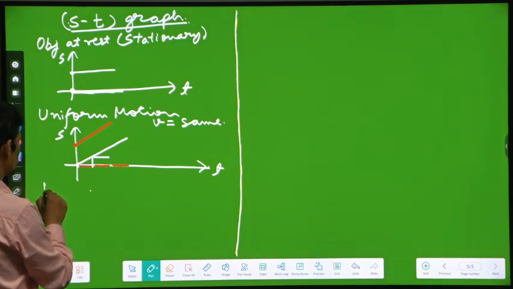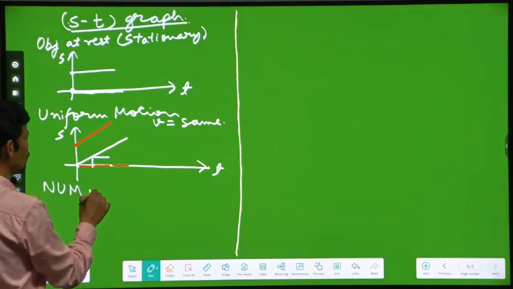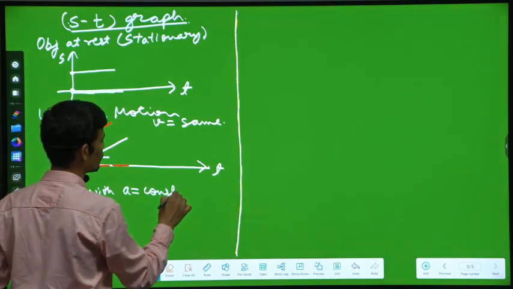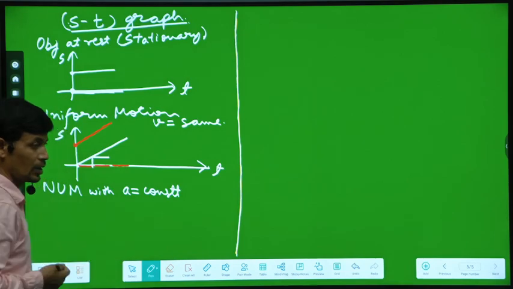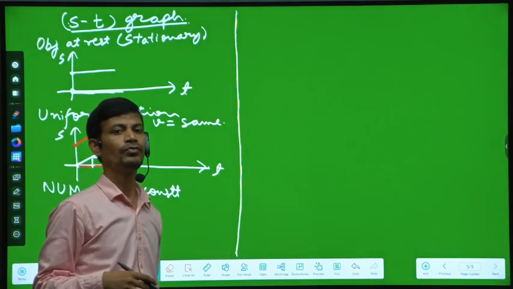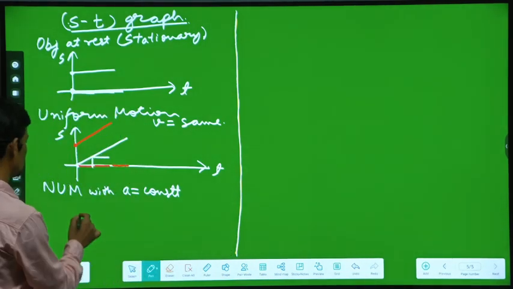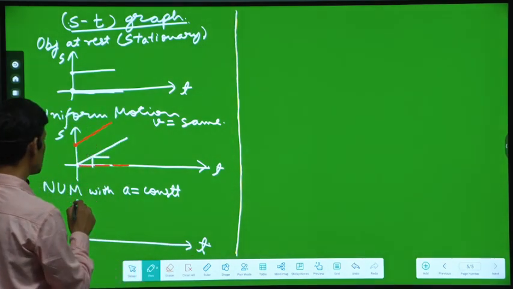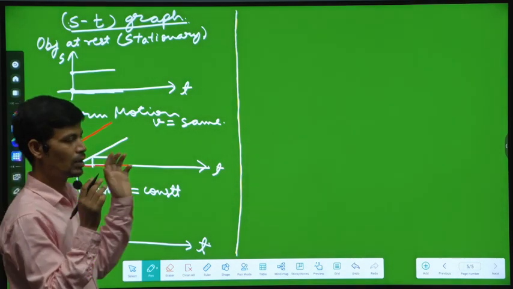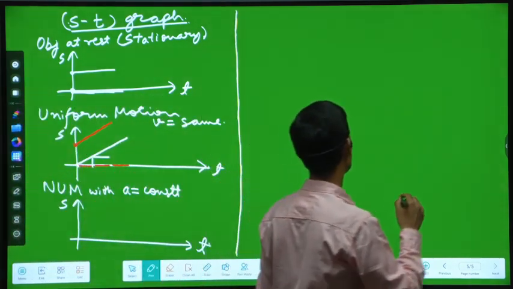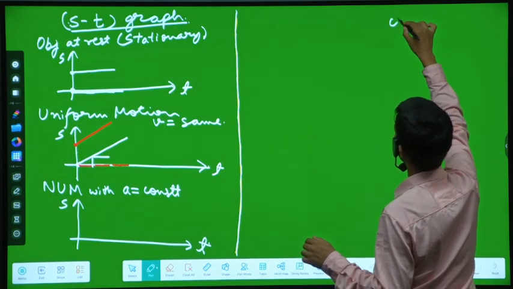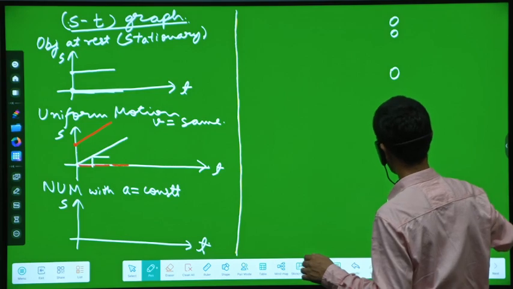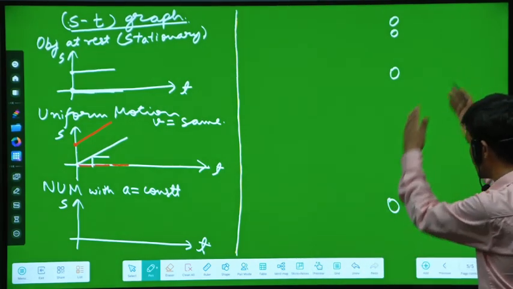Next, non-uniform motion with constant acceleration. As I told you, an accelerating car or freely falling object. Then just imagine if there is an object which is falling freely, then initially it was here, then its distance will keep on increasing in this way.